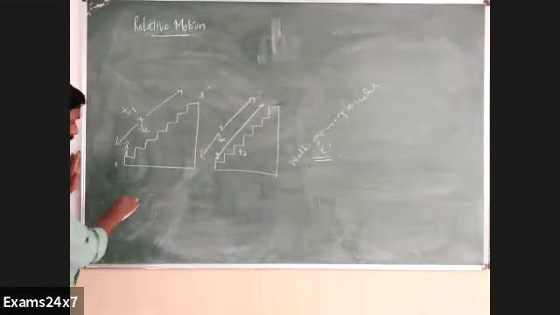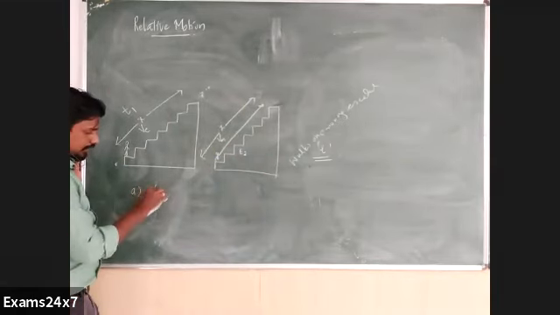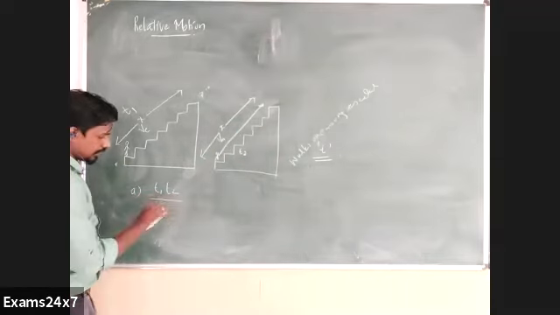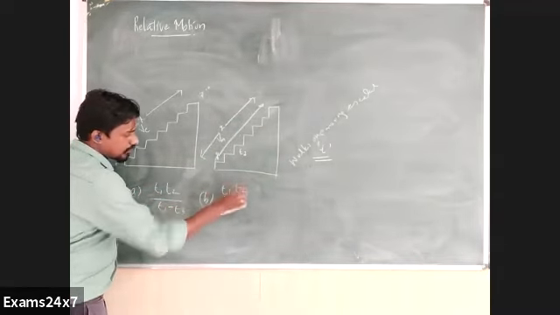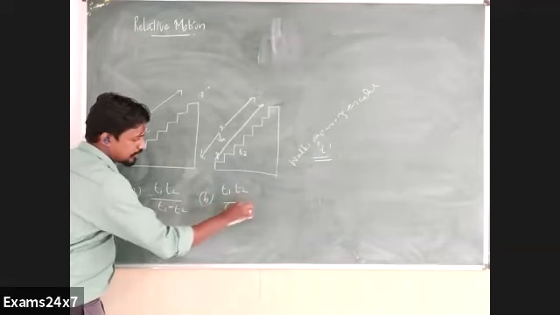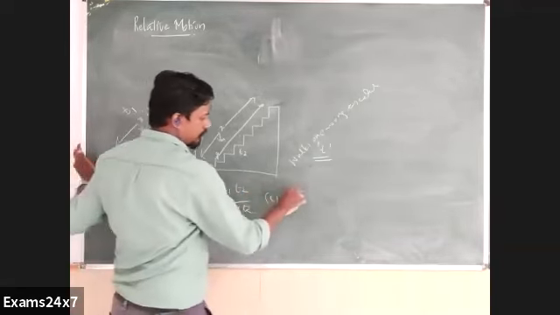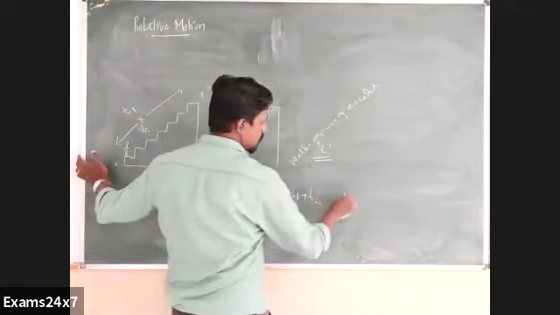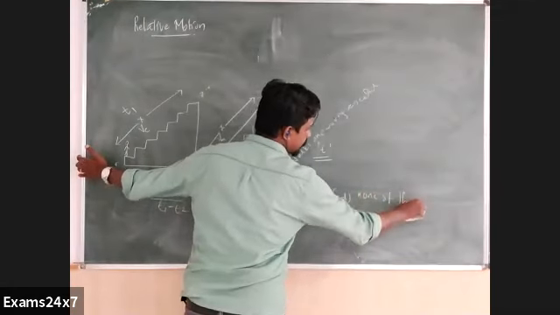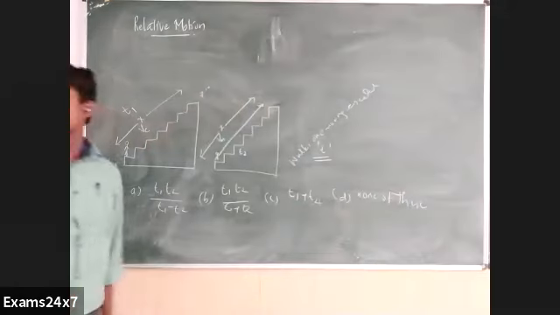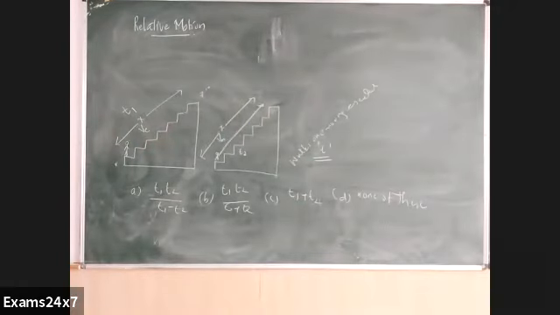Options: t1 t2 by t1 minus t2, t1 t2 by t1 plus t2, t1 plus t2, none of these. Understood the situation? Okay, we can solve this by using the concept of relative velocity.